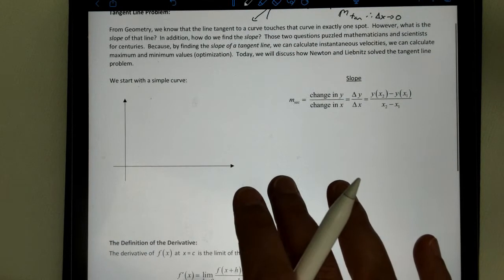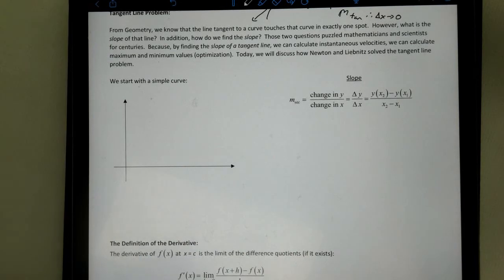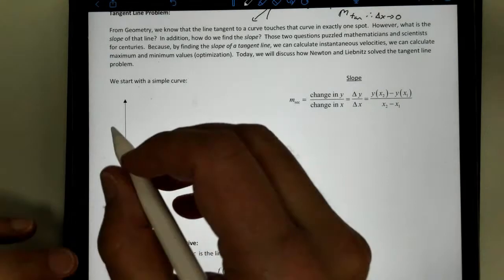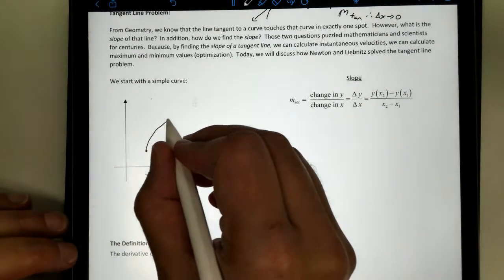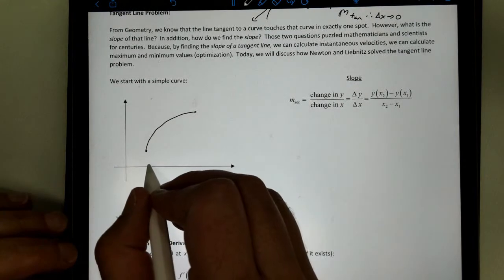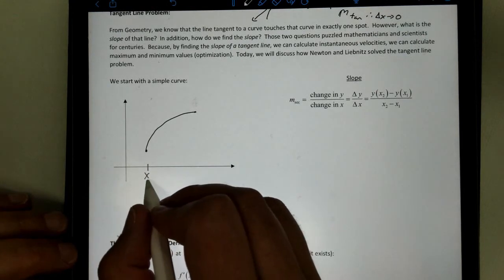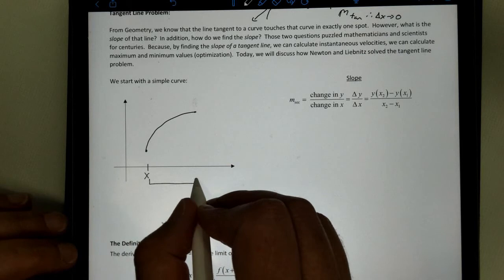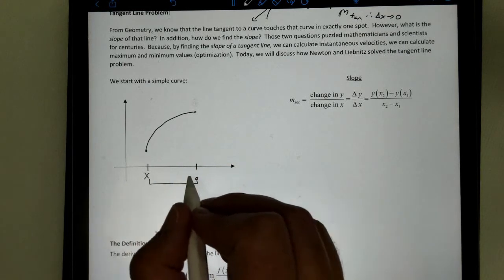So we're going to start off in a much more thoughtful way to do this. We're just going to kind of think it through. If we start with a simple curve like this, I know that this curve has an x value. What I'm going to do is move over to my next point, right here. But I'm not going to call it x1 or x2.